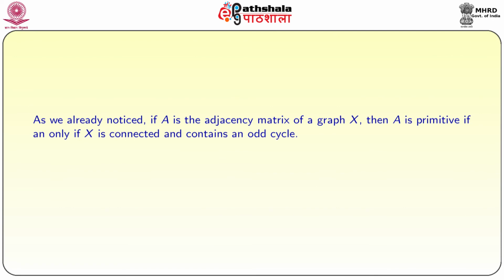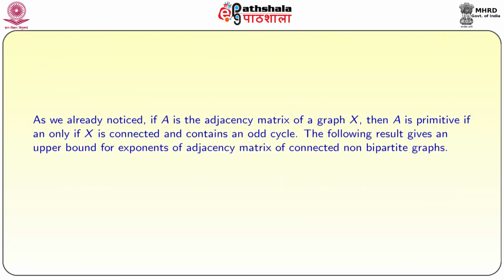As we already noticed, if A is the adjacency matrix of a graph X, then A is primitive if and only if X is connected and contains an odd cycle. The following result gives an upper bound for the exponents of adjacency matrices of connected non-bipartite graphs.